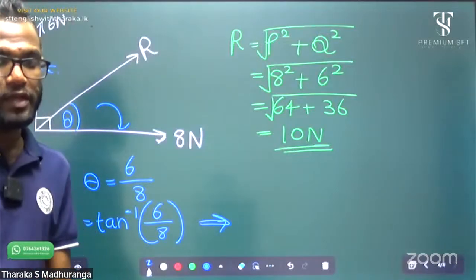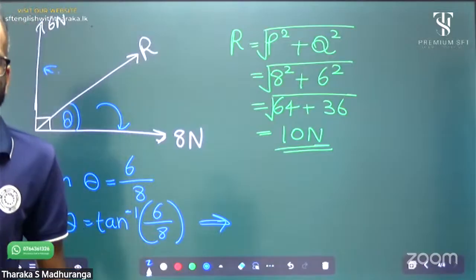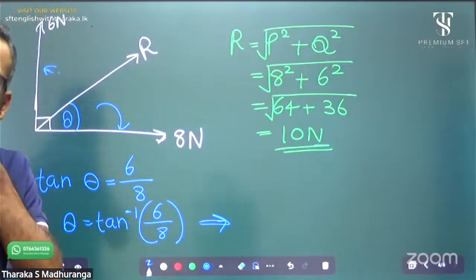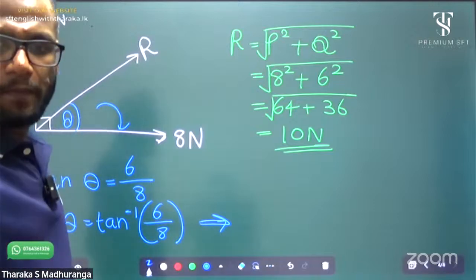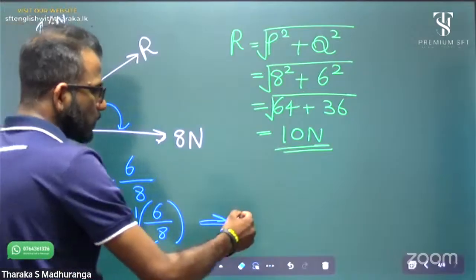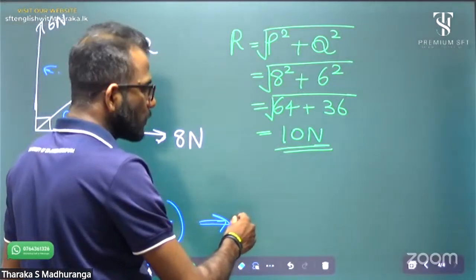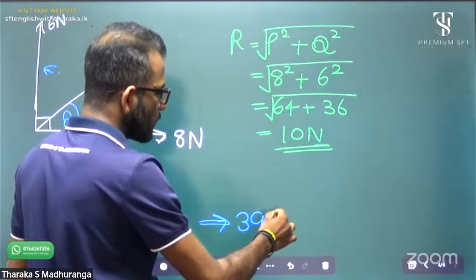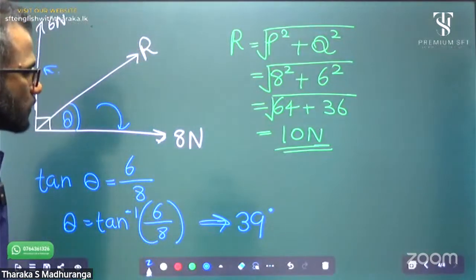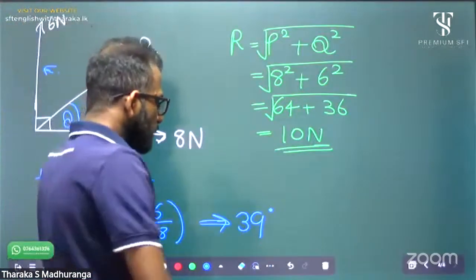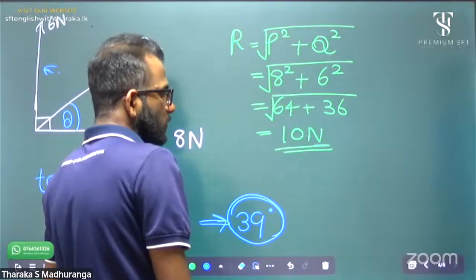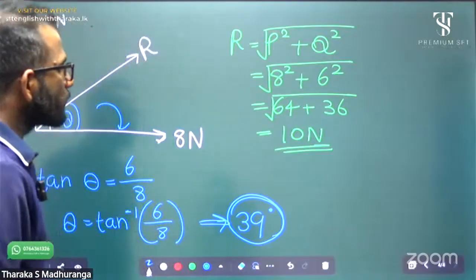Don't you have a calculator? Yes, approximately 38 point something, so it is approximately 39. I round off to the full degree value. Okay, then it is 39 degrees.